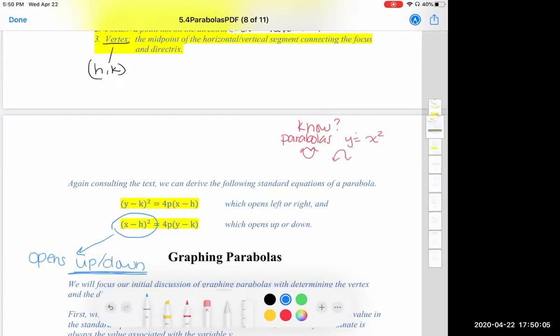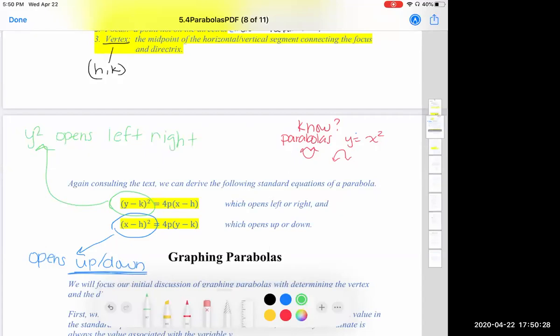Don't be thrown off. You might want to think differently because of how we work with ellipses and hyperbolas. Now, what are you left with? You haven't worked with y, and that's our new one. So when you have a y squared, it opens left and right.